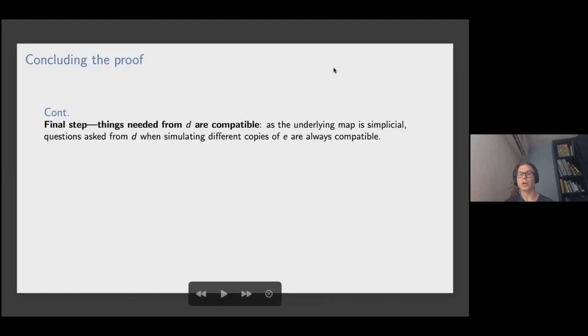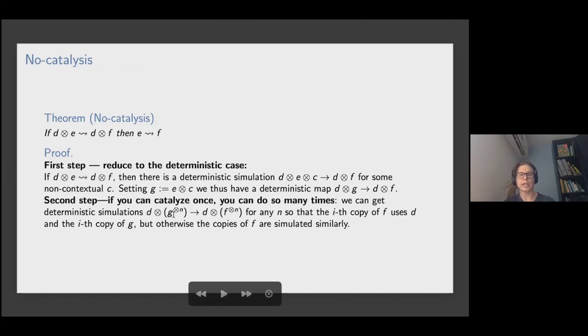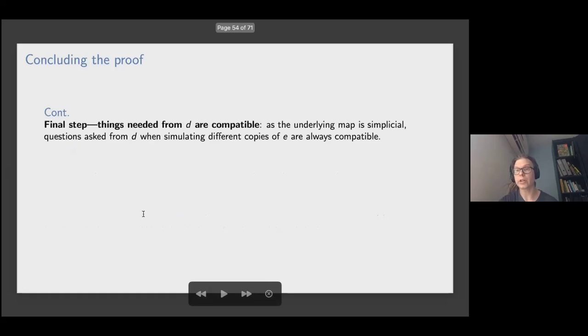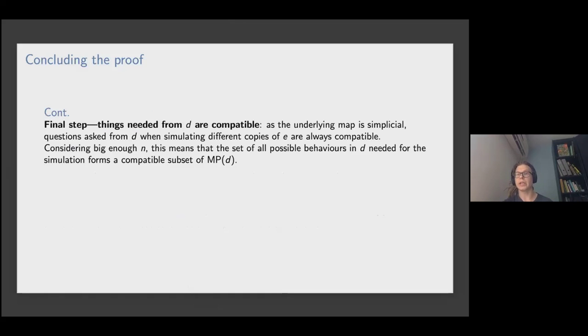So in our case, whenever you're asking questions of different copies of G, they get translated into compatible questions. When you're asking questions about different copies of F, they're compatible, so they get translated into compatible questions here, which in particular means that anything they ask about D is compatible.